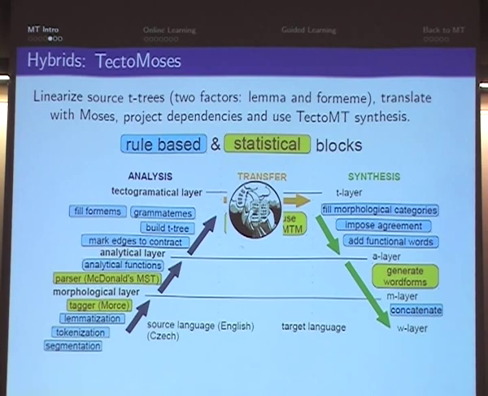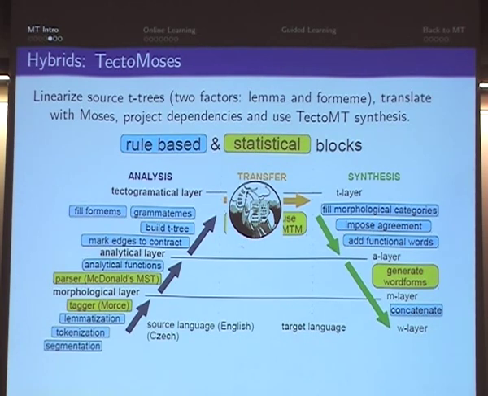So the idea is that I linearize the tectogrammatical trees. I just forget the topology and I take it as a sequence of lemmas and phonemes. And actually you can take an interleaved sentence where you would have one lemma, one phoneme, one lemma, one phoneme, but there is another option, to use 2 factors and a factored translation setup in Moses.